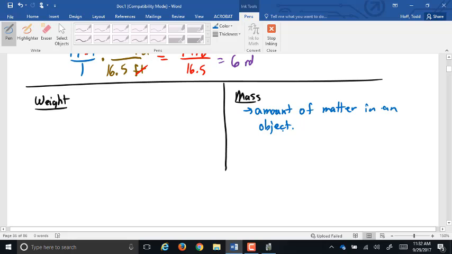It's literally how many particles, how many atoms are packed into it is its mass. Weight is a measurement of force. It's the force of gravity on an object.